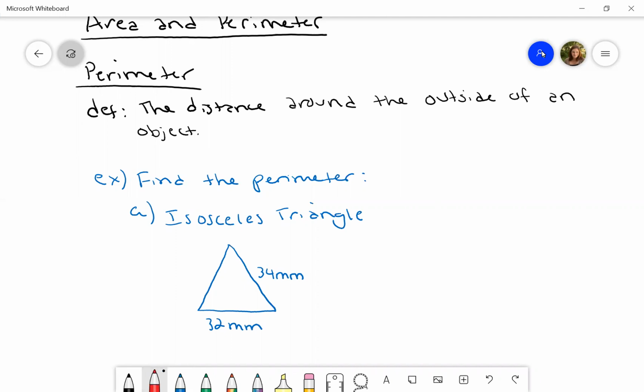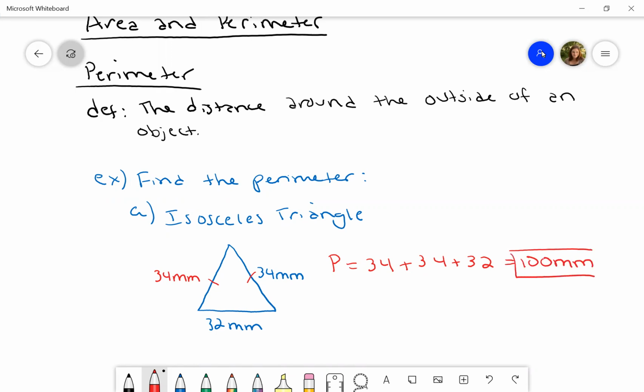But because we're told this is an isosceles triangle, we can assume that these two sides are equal. And therefore, this is also 34 millimeters. So to find the perimeter, I'm just going to add up 34 plus 34 plus 32, which comes out to 100. And then I'll put the units of measurement, the millimeters.